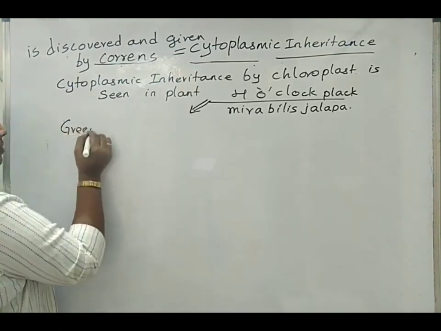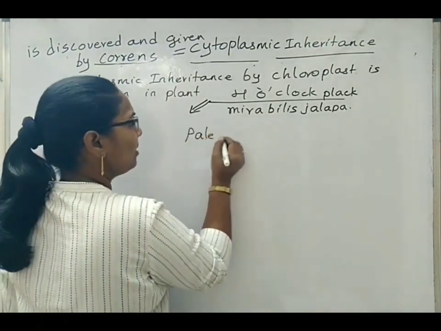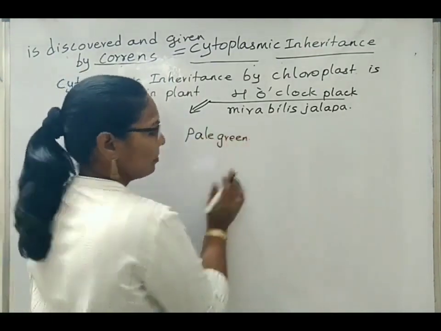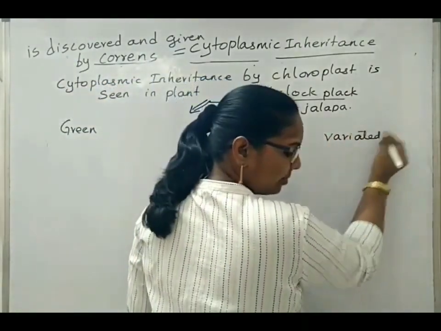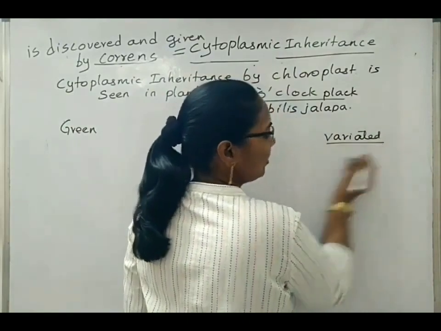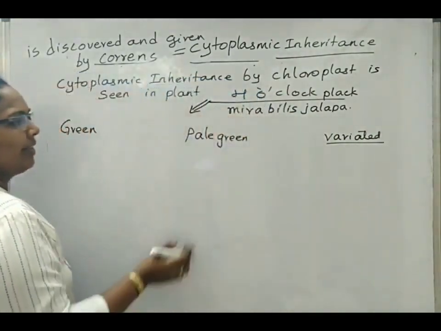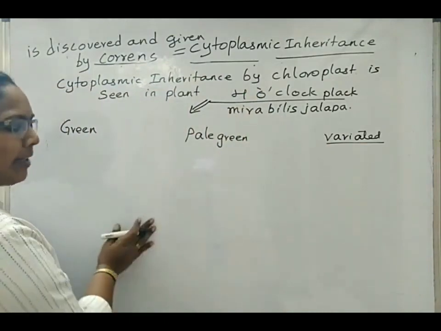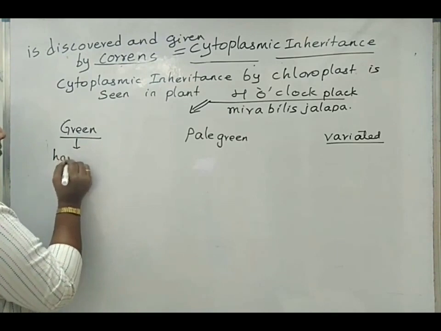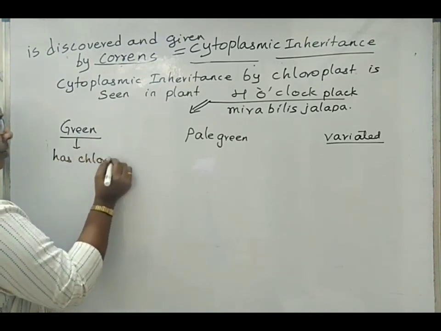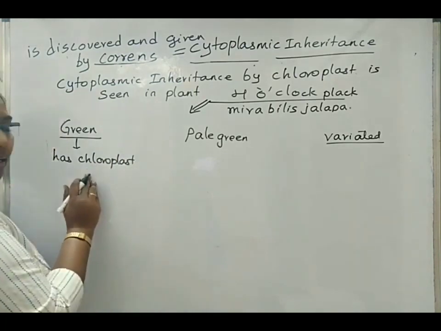One is a green colored branch, another is a pale green colored branch, and the third one is variegated. Variegated means different colored branches. The green branch has chloroplast, which is green in color.